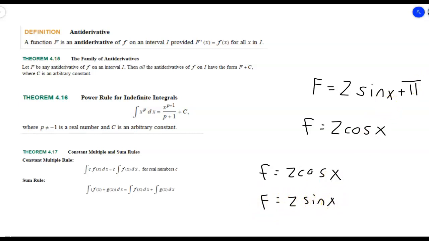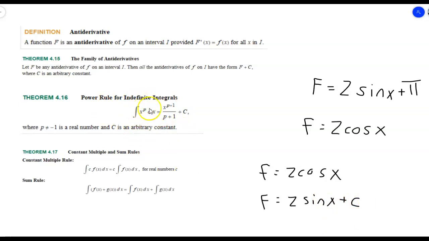And since we don't know if any constant was added or subtracted from the original equation, we just have to do plus c. Plus c allows for any arbitrary constant that may have been in the original. We don't have to do that for derivatives, but we do have to add that c for antiderivatives, integrals.